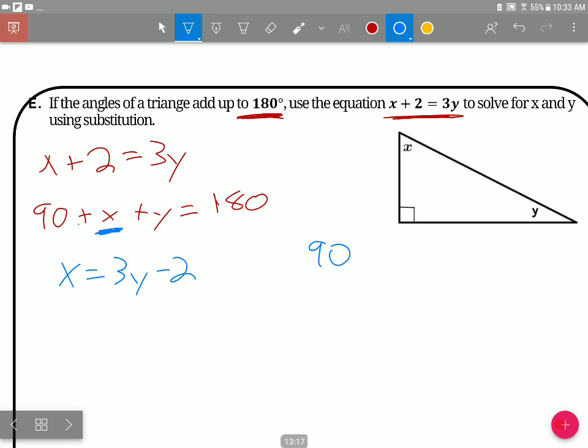Do we need parentheses since there's nothing multiplied out here? No. There's a plus, so you don't even need parentheses. So that's plus 3y minus 2 plus y equals 180. Since you have the y's, you add both of the other two, it ends up 4y. Then combine the negative 2 and that should make 88.